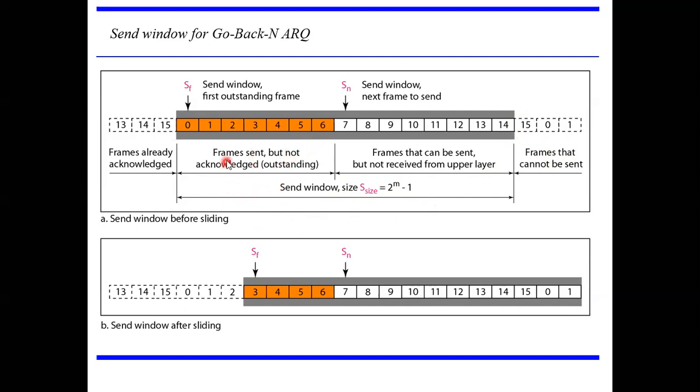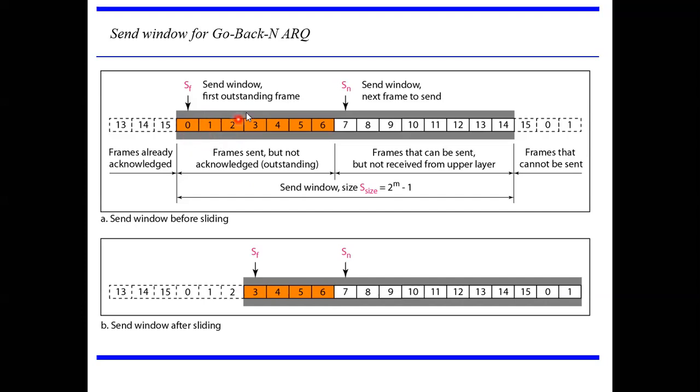Now, as I told you, sliding window slides the window. I told you this protocol can send more than one frame at a time. So assume that it has sent frame 0, then it has sent frame 1, then it has sent frame 2.